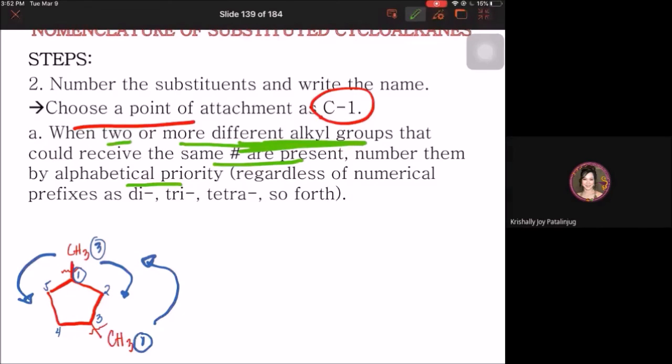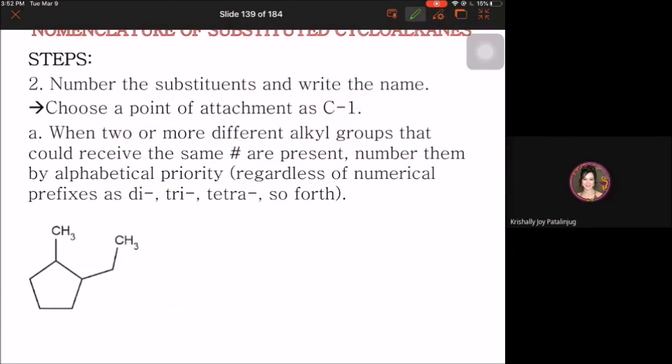Okay? Again, when two or more different alkyl groups that could receive the same number are present, number them by alphabetical priority. So say for example, I will erase this, here.